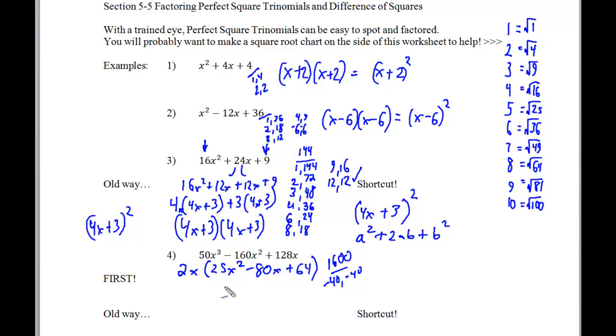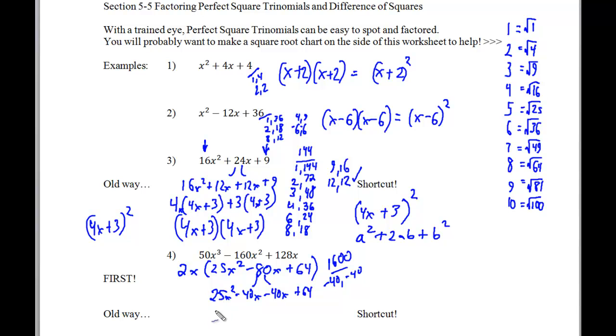So what I'm going to do here is just take a look at how I can make this. I'm going to split that up here, negative 40x plus 64, and this is 25x squared. And I'm still going to then break this down here. It looks like I'm going to get really tight on room, so I'm sorry about trying to squeeze this all on one page here.